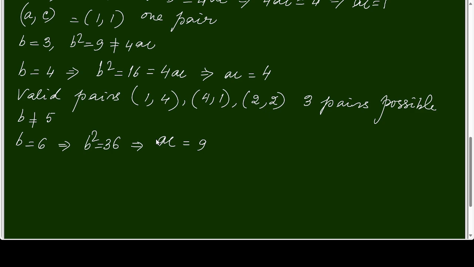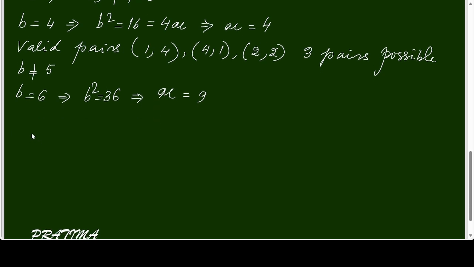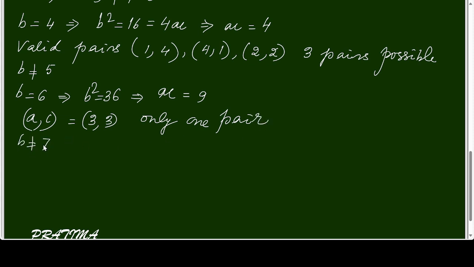So what will be the possible pairs that time? a, c will be only 3 and 3, because we are choosing from the numbers 1, 2, 3, 4, 5, 6, 7, 8. So 3, 3. So only one pair. Then b equals to 7, not possible.